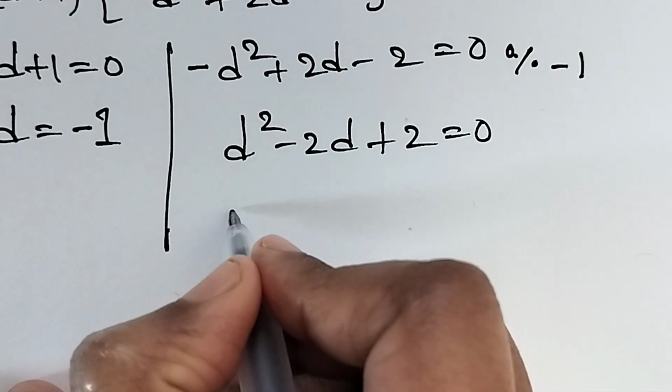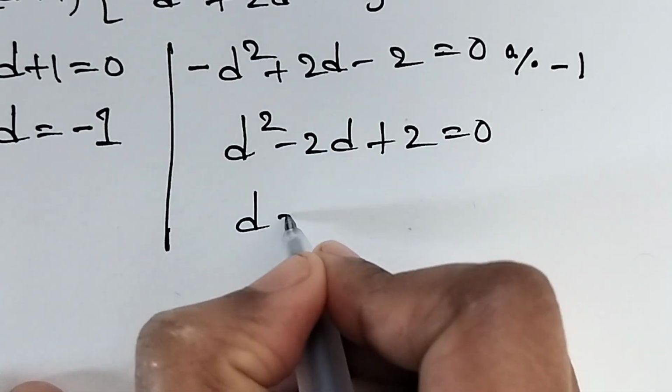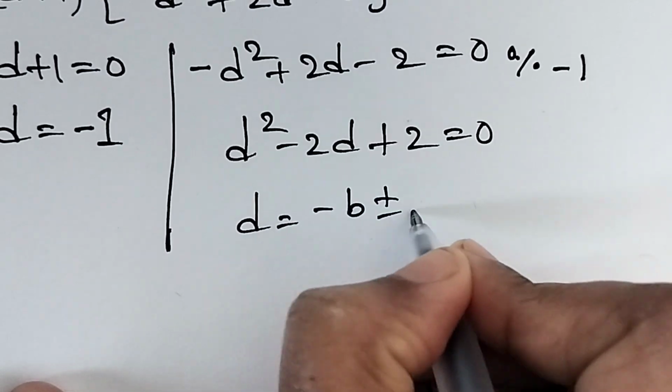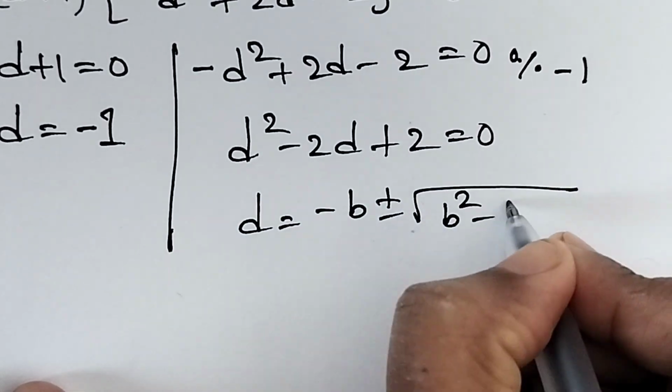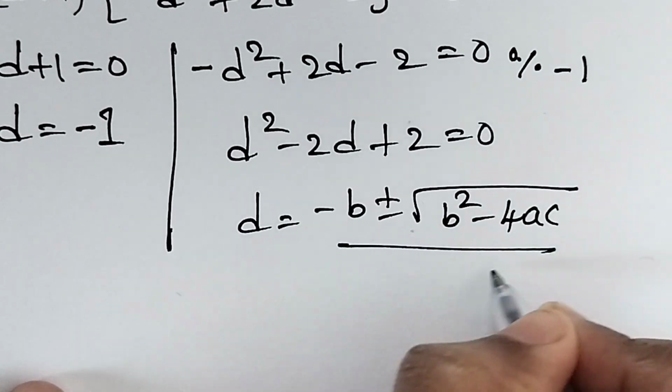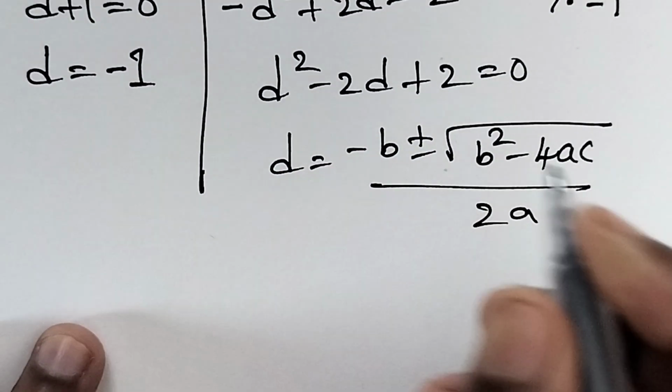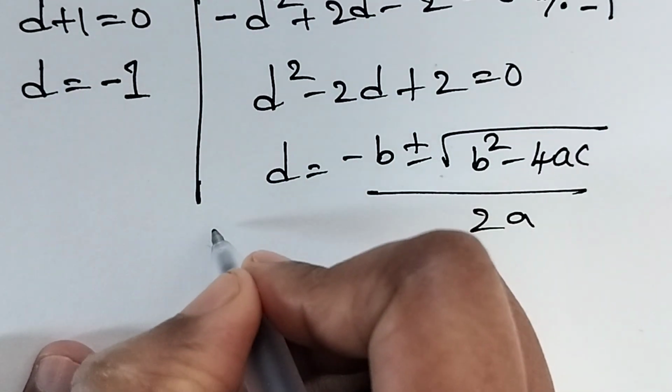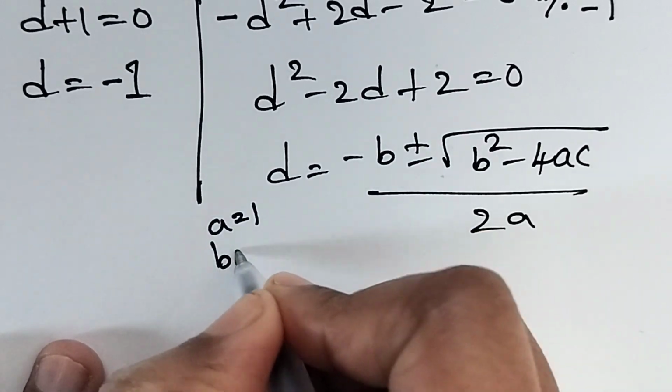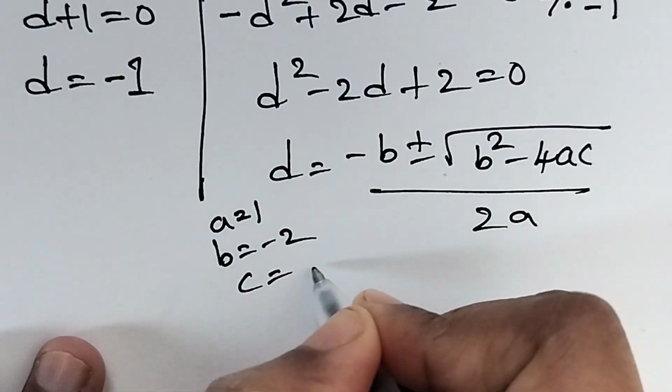This is a standard quadratic equation. So here we can apply the quadratic formula, that is d is equal to minus b plus or minus square root of b square minus 4ac, divided by 2a. Now write the values of a, b, c. a is equal to 1, b is equal to minus 2, c is equal to 2.